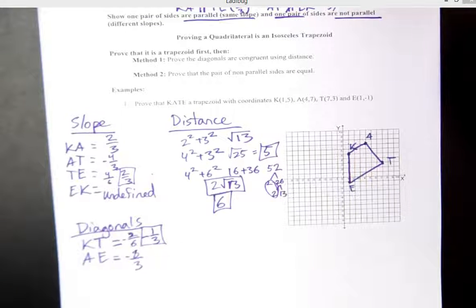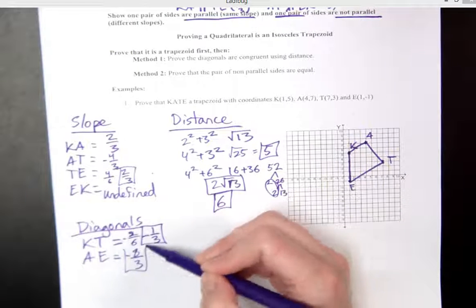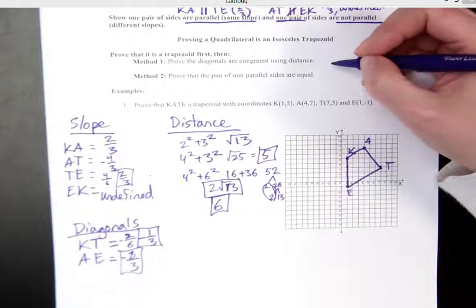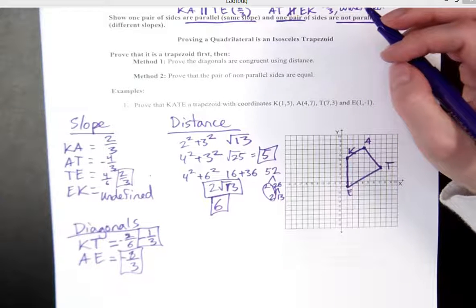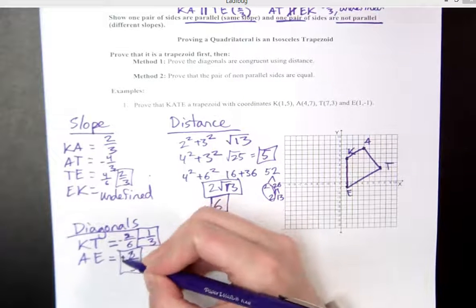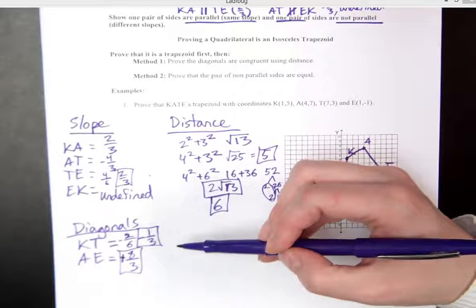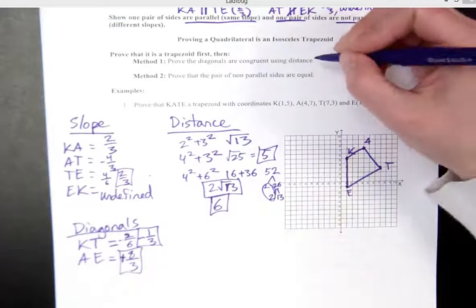So that comes out to -8/3. Does that give us what we need? No, what do you say, Lauren? No, you're right, that should be positive. Positive 8/3. Okay, so our diagonals, they aren't perpendicular, nothing's happening with them.